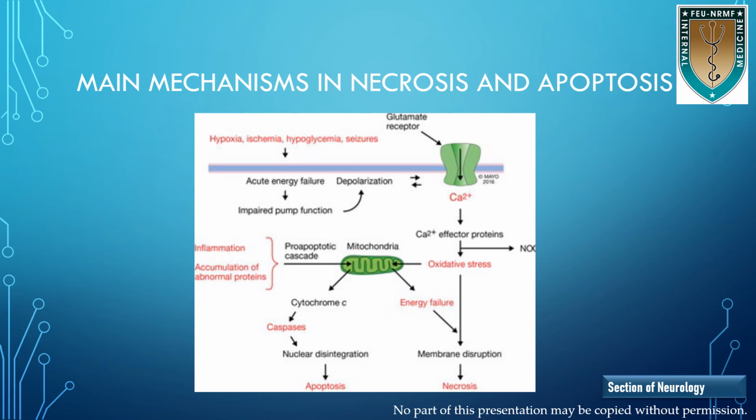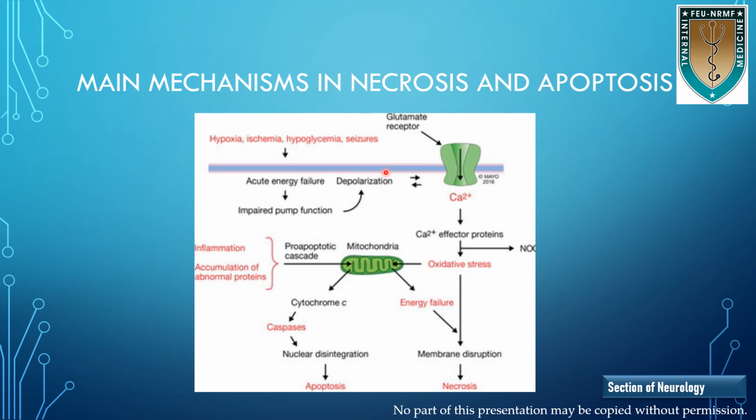This diagram shows us the main mechanisms in necrosis and apoptosis. So we start with acute loss of glucose and oxygen, leading to acute energy failure and impaired sodium-potassium ATPase pump in the cell membrane.